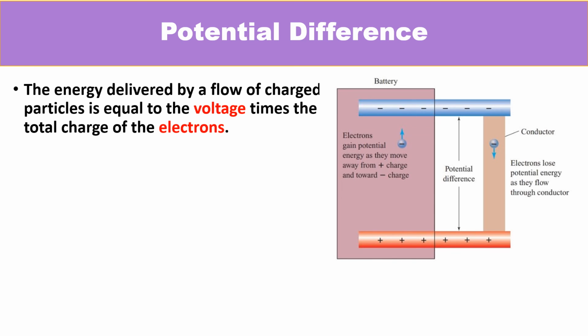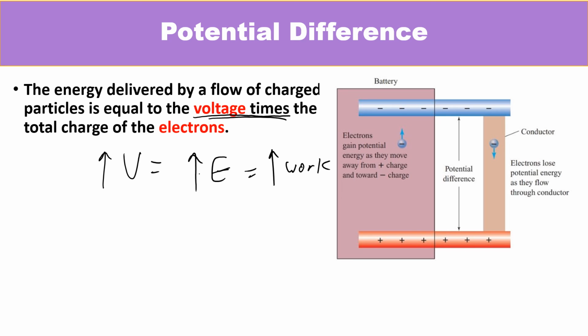So the energy delivered by a flow of charged particles is basically equal to the voltage times the total charge of the electrons. In a fancy way of saying it, if I have high voltage, just consider it high energy, which means I can do a lot of useful work to run something.